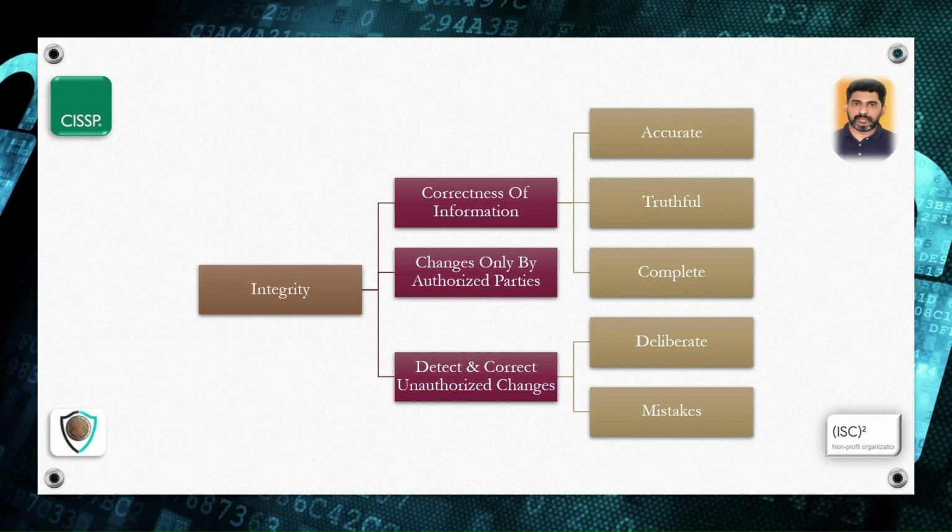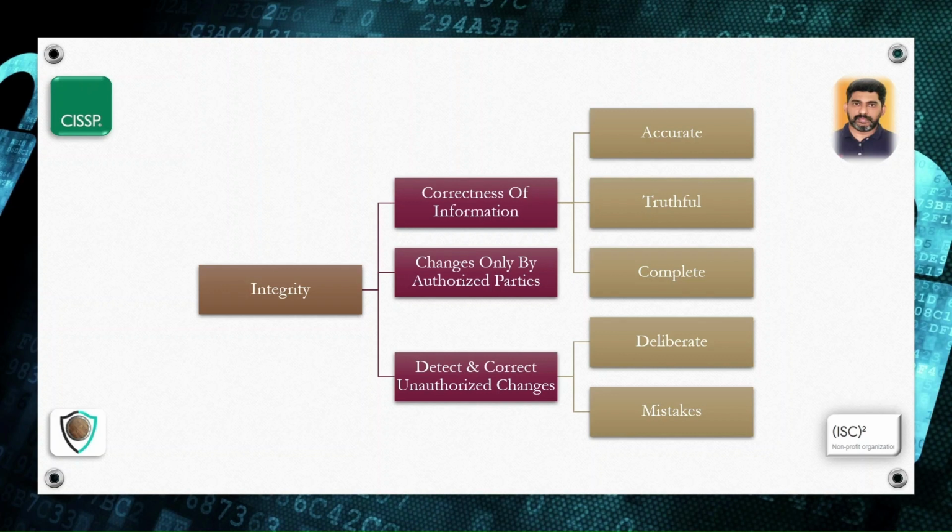But when information is being updated, information should be updated only by authorized parties. That is the second aspect of integrity. The third aspect of integrity is if unauthorized modifications are made or if mistakes and errors happen to the information, we should be able to identify it and we should be able to correct it.